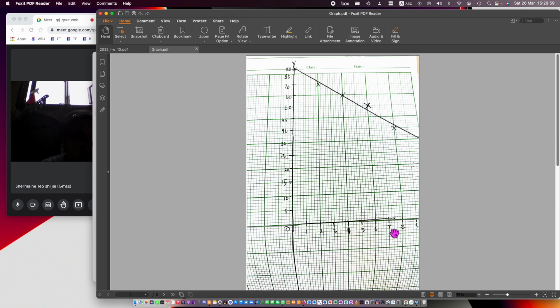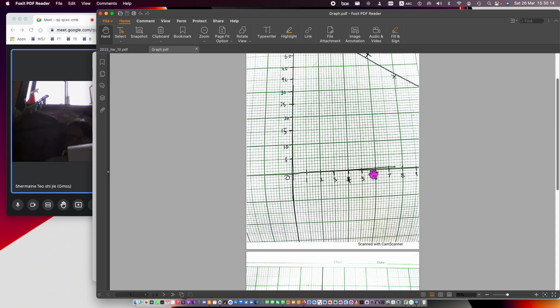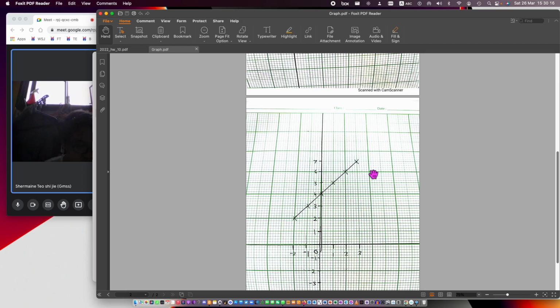The slide or the slope? Wait. Oh no, look at the second one, the one with the table.